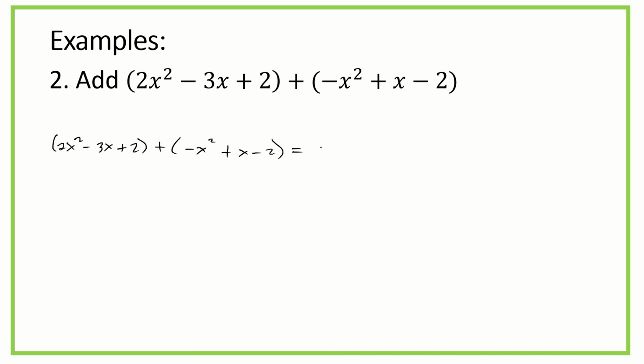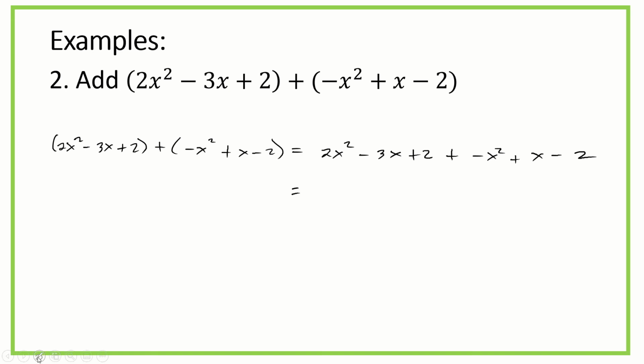We remove the parentheses, so that will become 2x squared minus 3x plus 2 plus negative x squared plus x minus 2. So just remember that what we will do next is similar to what we did before, in which we need to simplify the polynomial by combining like terms.